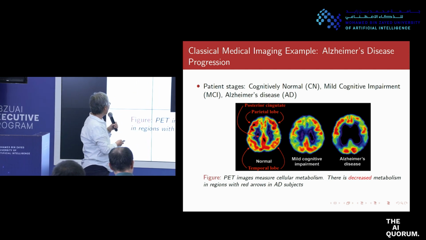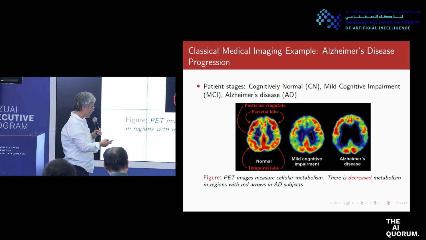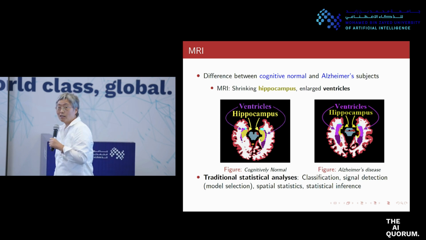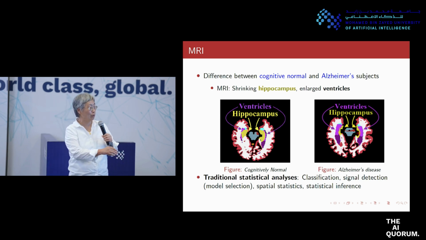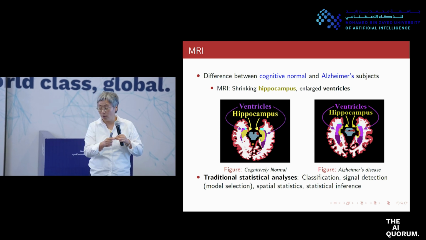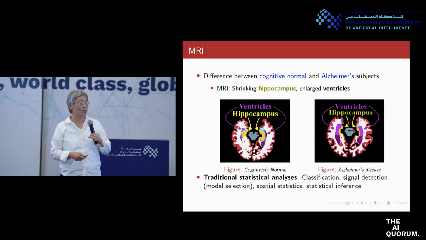I would say this is a very classical medical imaging example. It's just one of the examples. And usually what you see is a shrinking hippocampus and enlarging ventricles, right? This is an indication of the Alzheimer's disease progression.